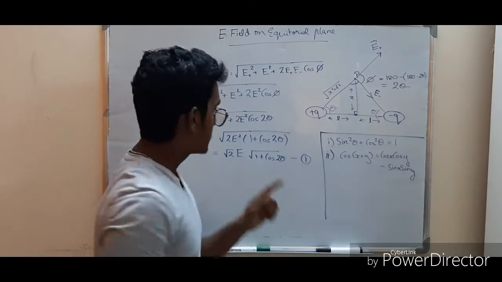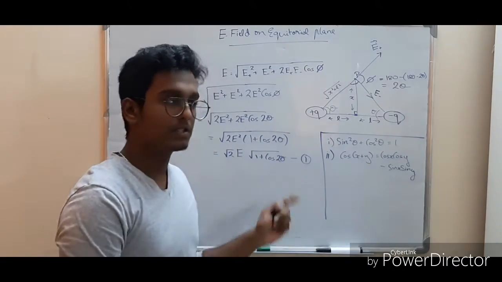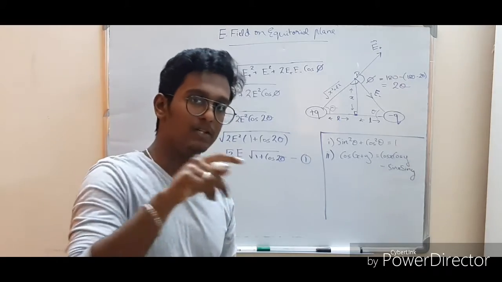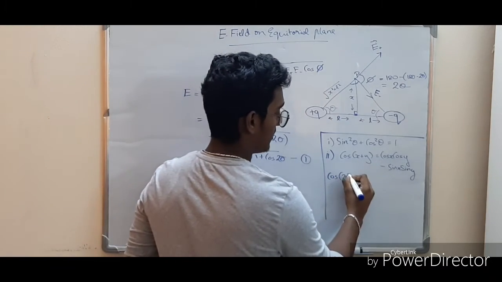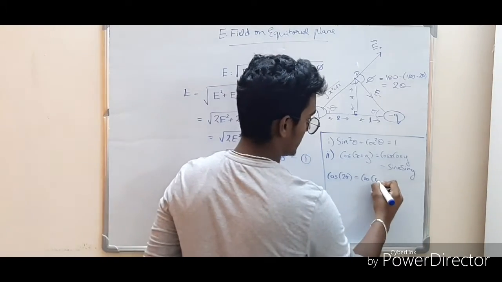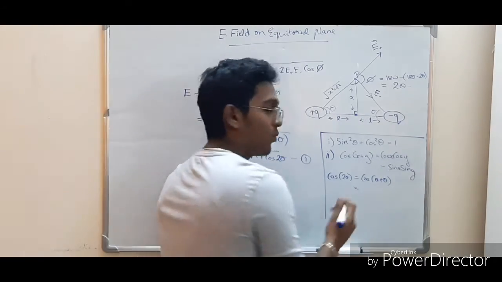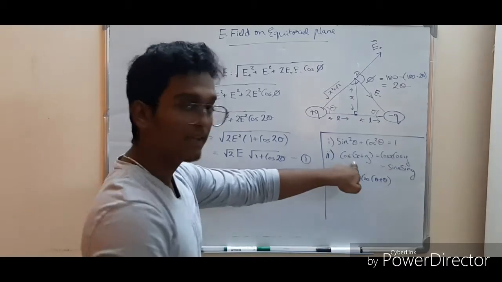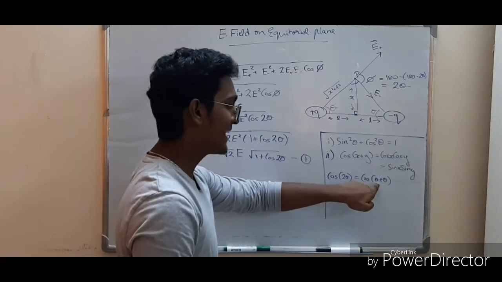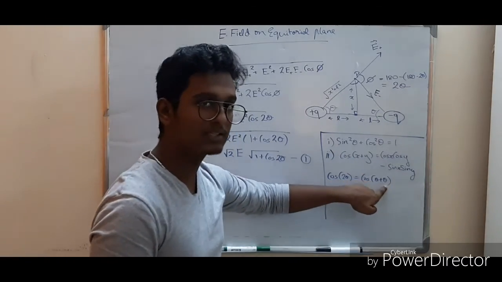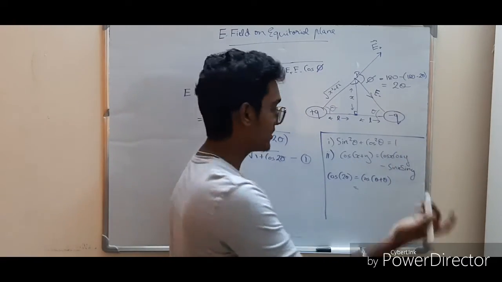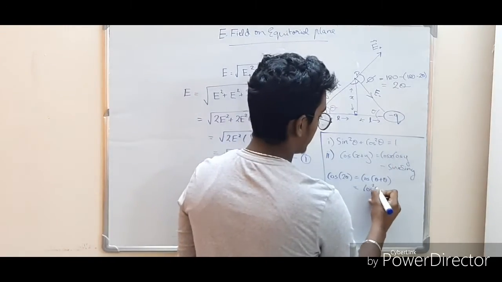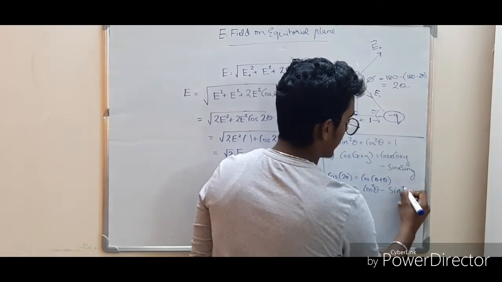So what we have to do is to find cos 2 theta, you just have to write it as cos of theta plus theta. So cos of 2 theta is the same as cos of theta plus theta. And why I split it like this is to apply this formula. So cos of x plus y, where x and y are the same, is going to be cos theta cos theta minus sin theta sin theta, which is just cos square theta minus sin square theta.